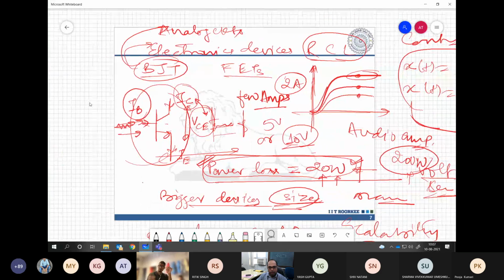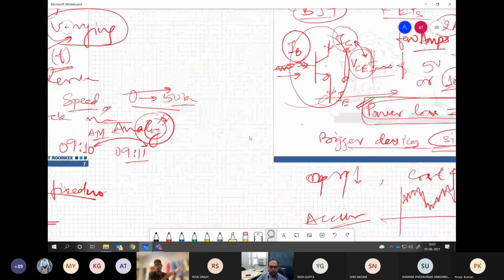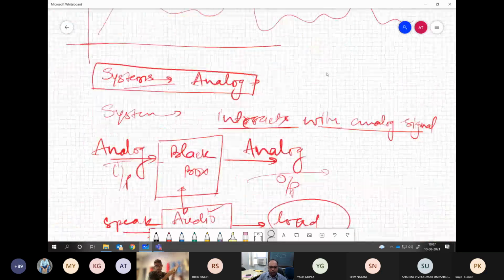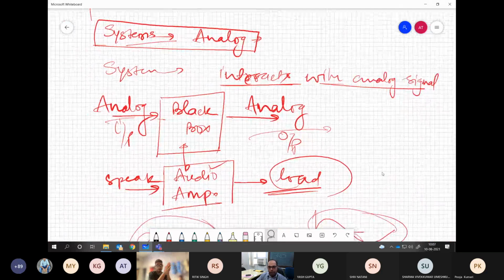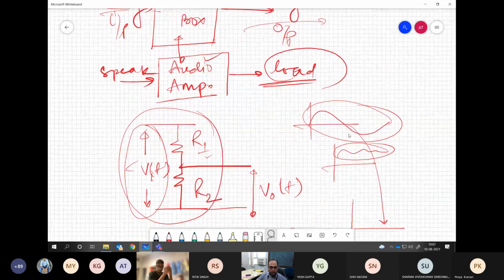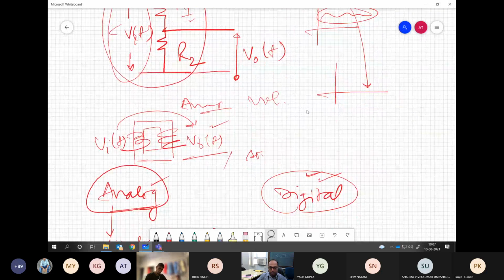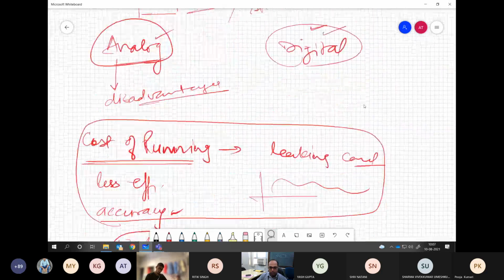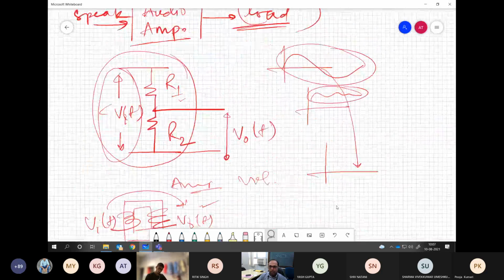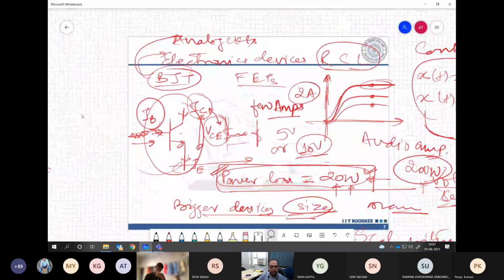Now, when we have analog circuits, we have seen that when we are processing these signals, we may have some problems. If we have to process these signals, we need systems which are analog, and an analog system primarily consists of linear circuits, so it could be resistance or some more things. When we want to process those, we have a lot of issues associated with that.